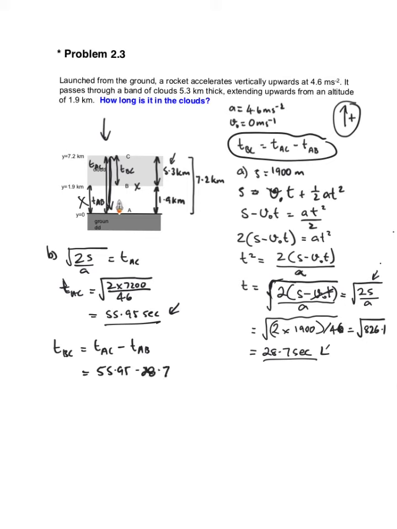Great, so now we have these two times. And remember from this argument here, we should be able to work out the time in the clouds, T B C. T B C was T A C minus T A B, which is 55.95 minus 28.7.